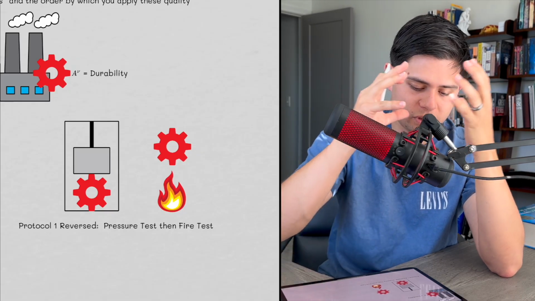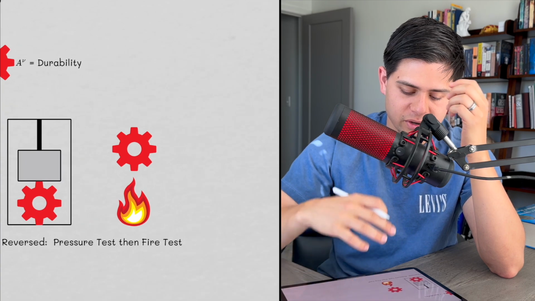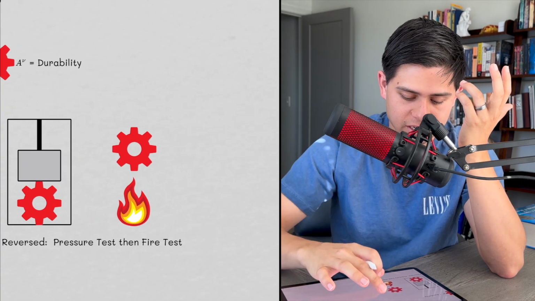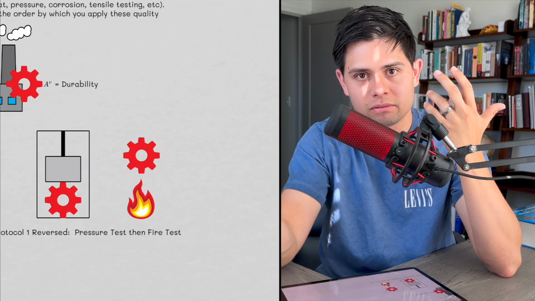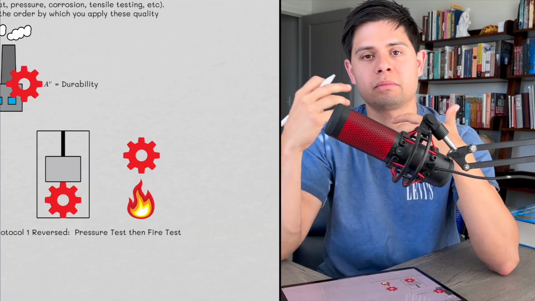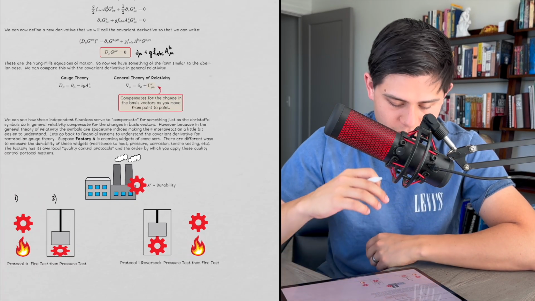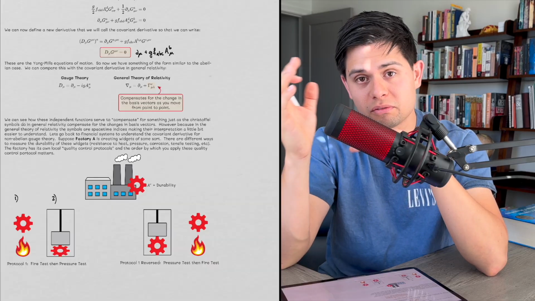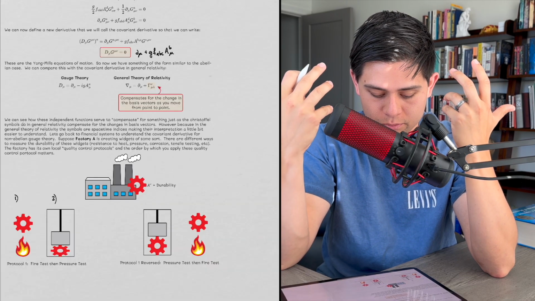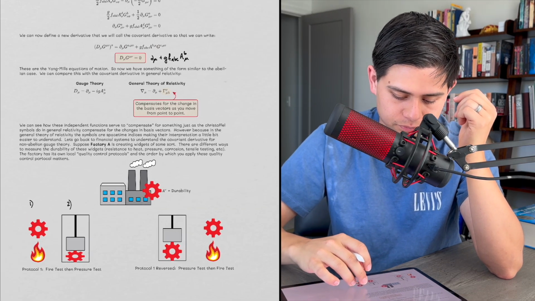We do a pressure test, nothing happens, it seems to be strong. And then we do a flame test, and the shape doesn't really do anything. It doesn't melt. When you apply pressure to something, that doesn't necessarily mean the thing is going to melt. So the point here is that protocol 1 in reverse did not result in the same structural integrity of the widget.